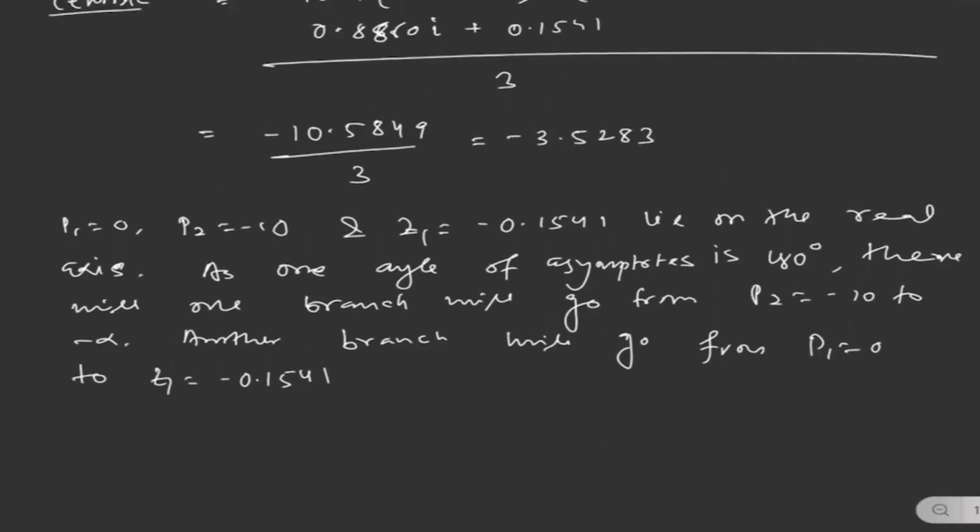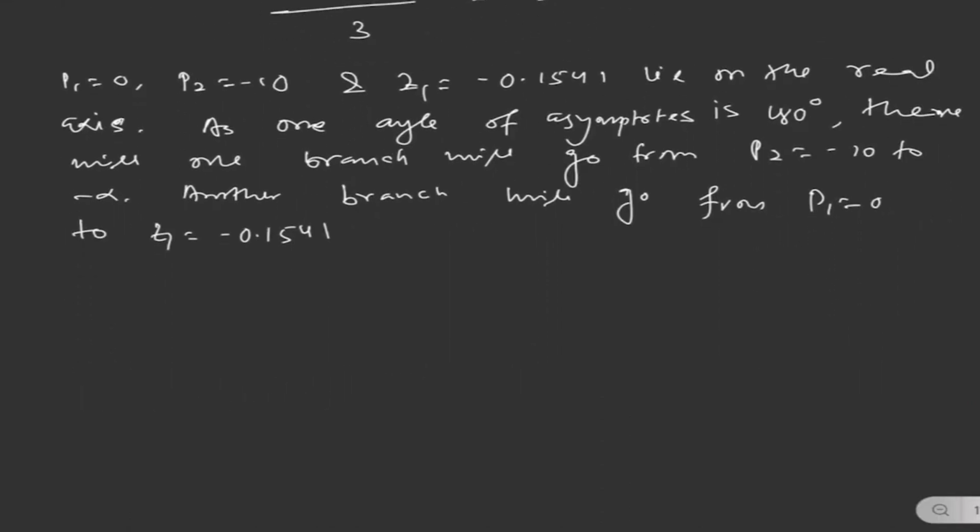Now there are two complex conjugate poles on the left-hand side, so there will be angles of departure from P3 and P4.